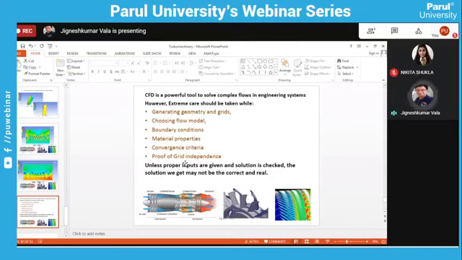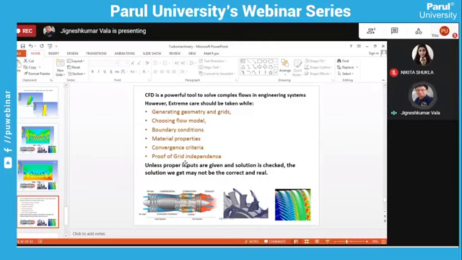So, as I told you, computational fluid dynamics is a powerful tool for solving complex flow in engineering systems. However, extreme care should be taken while generating the geometry and grids, and in using the flow models, boundary conditions, material properties, convergence criteria, and the grid independence test, right? As an engineer, we must apply the physics over there, and we will get the accurate answer.